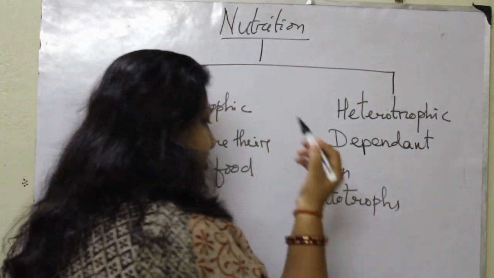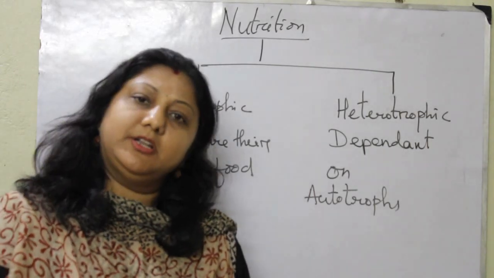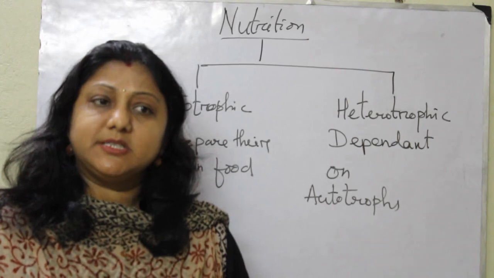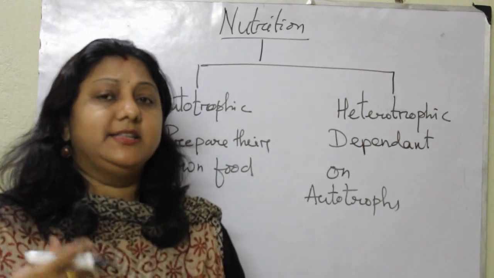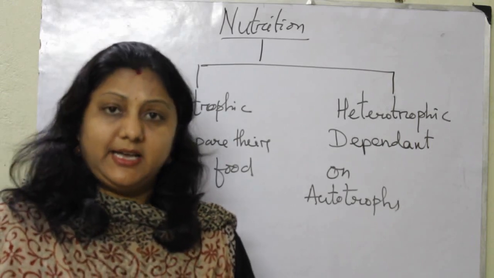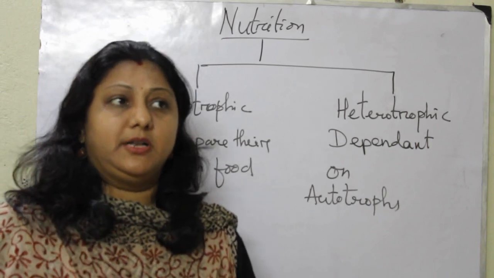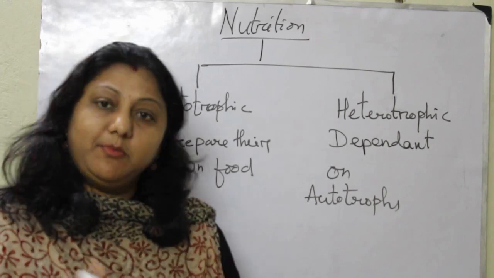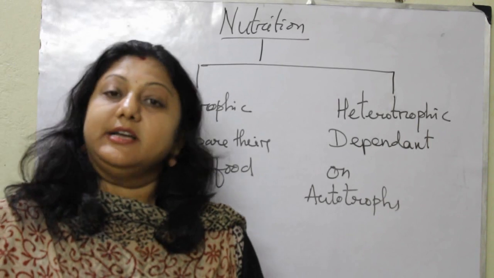When it is the question of autotrophic nutrition, there are also different types. Some of the organisms utilize the solar energy and prepare carbon compounds in their body, but some other organisms are dependent on chemicals.